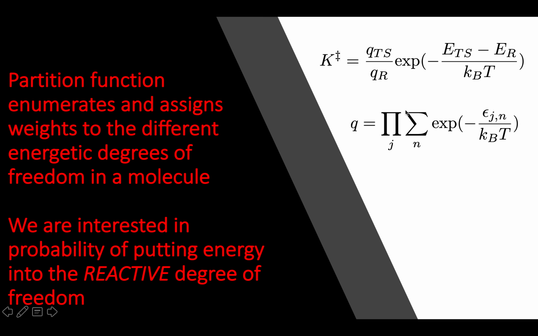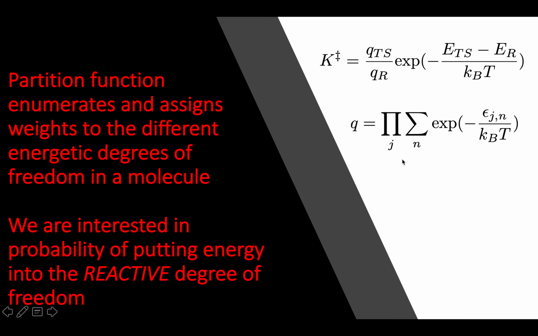This pi notation is for product among all of the distinct vibrational degrees of freedom. And then each vibrational degree of freedom is a sum over all possible vibrational energy states divided by Boltzmann's constant times temperature. We're going to see that this actually reduces to something which you can compute pretty readily, but this is formally how you would express the vibrational partition function for our molecules.